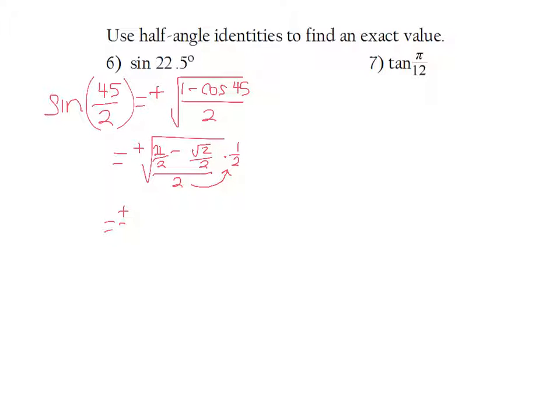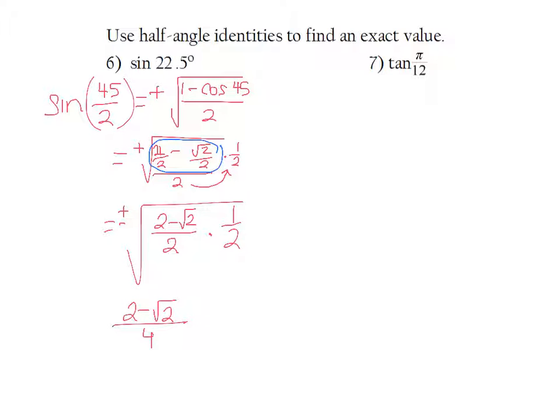But I am going to go ahead and simplify this part first, and then I'll bring it up. Might be good to start making bigger square roots, huh? I'm going to have a 2 minus root 2 over the common denominator of 2. And then when I bring the 2 up, it's going to be multiplied by 1/2. I end up with 2 minus root 2 all over 4. Oops, that's not a minus, sorry. It's just a positive. Big square root.